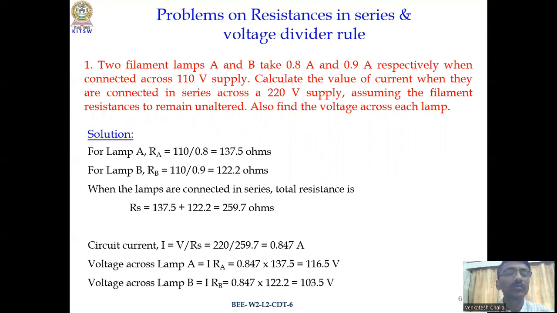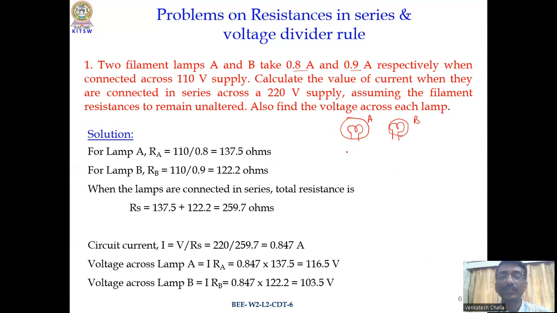Coming to a problem, two filament lamps, meaning incandescent bulbs. We represent them like this: there are two bulbs, lamp A and lamp B. Two filament lamps A and B take 0.8 amperes and 0.9 amperes respectively when connected across 110 volts supply.